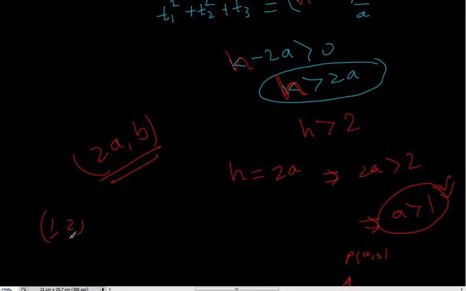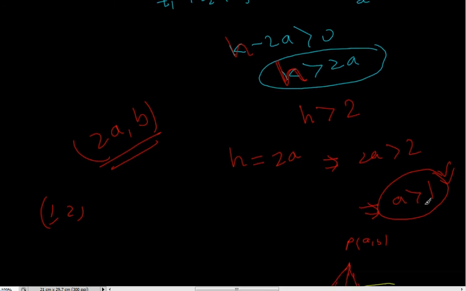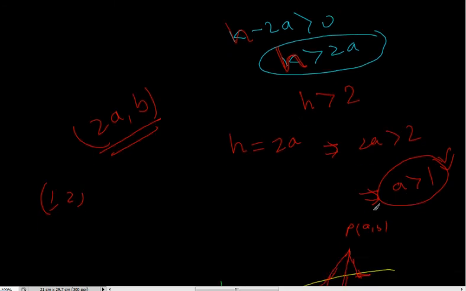Then the value of A would be greater than 1, because we need to take this shift into account. If the vertex is at (0, 0), that's fine, but it has shifted here, and then we will have more room here, so if you take that into account, your answer will be greater than 2.